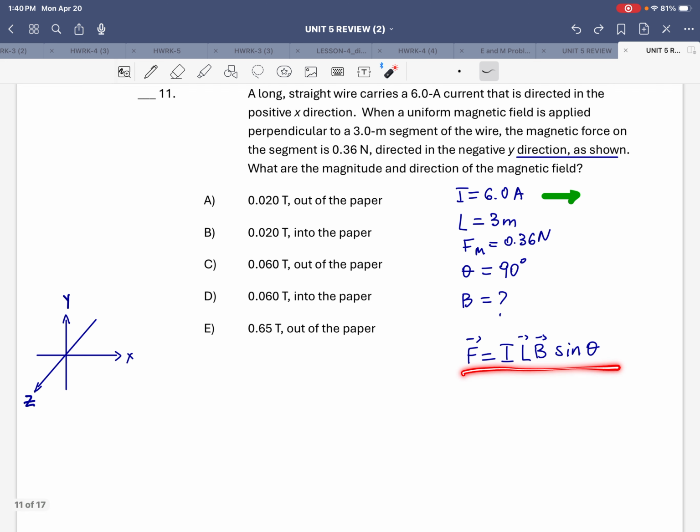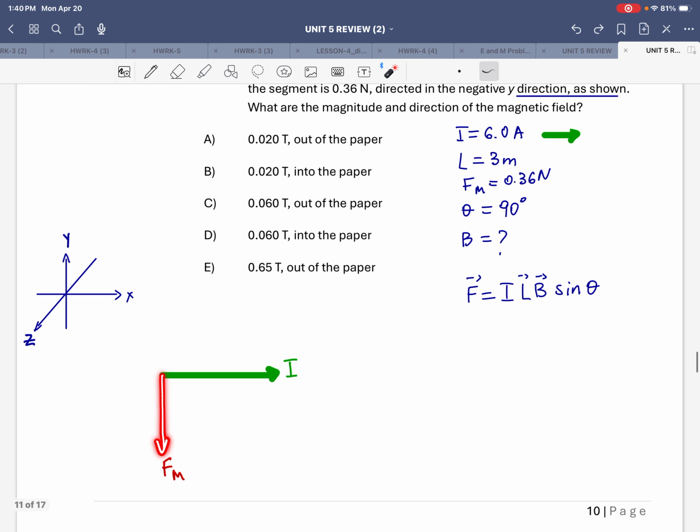So we have the formula, and we are going to start off by drawing the diagram. I is going to the positive x, and then we have the force F heading in the negative y, and we need to find the value of B. We can discuss this together a little later, or you can try right now to look at the FBI rule.